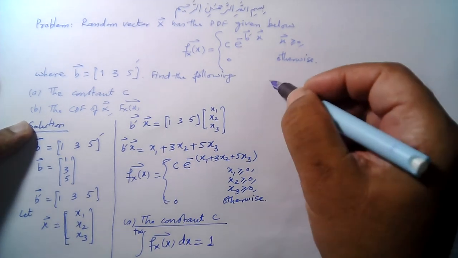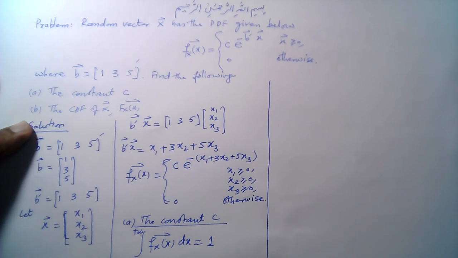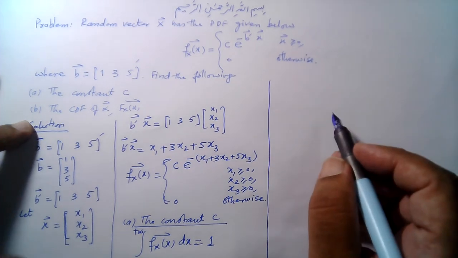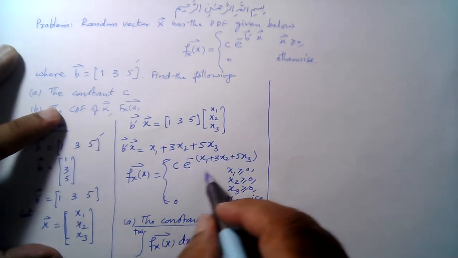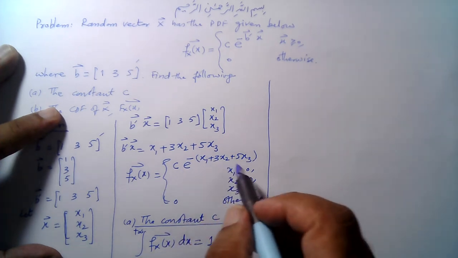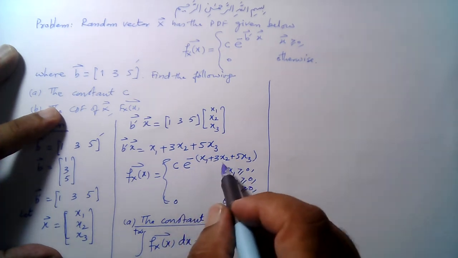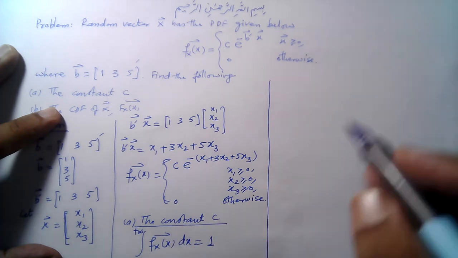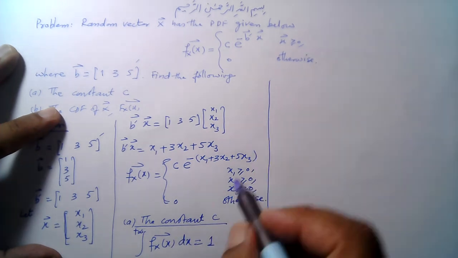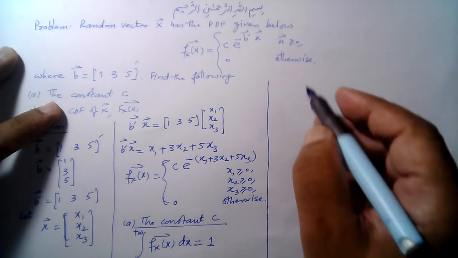So we can use this form of the PDF here to evaluate this integral. As this has 3 elements, this must be a triple integral, right?